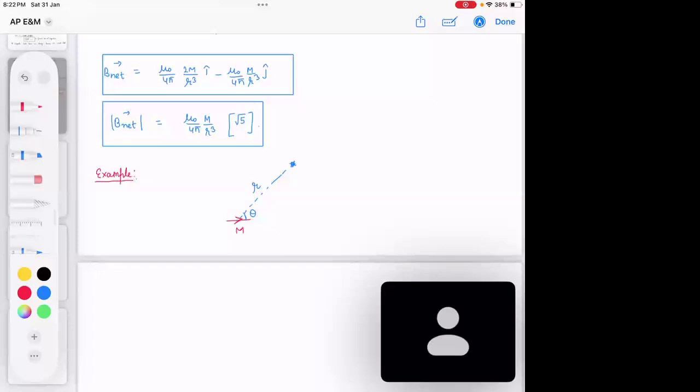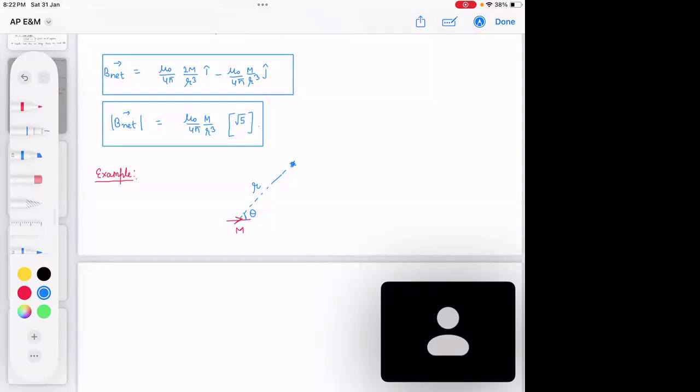In the last question, when you solved it, the dipoles were already given in two perpendicular directions, and from those two dipoles you had to calculate the magnetic field at this point.